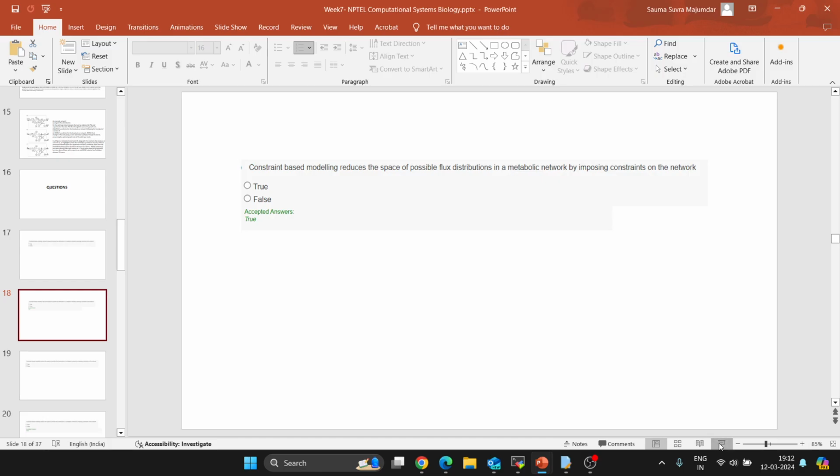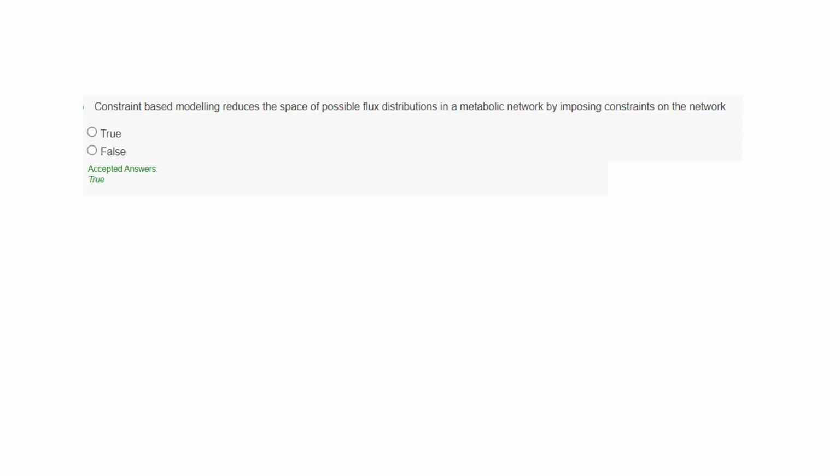Constraint-based modeling reduces the space of possible flux distributions in a metabolic network by imposing constraints on the network. The idea is that if the number of unknowns is more than the number of equations, you have a space of solutions, and that space will be very big.